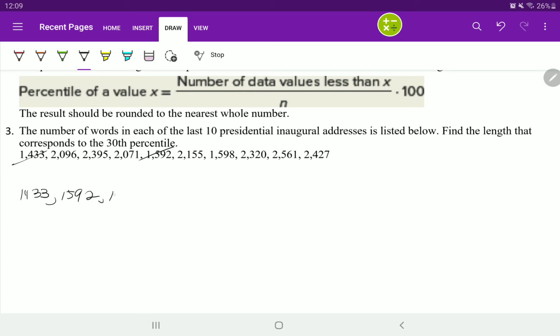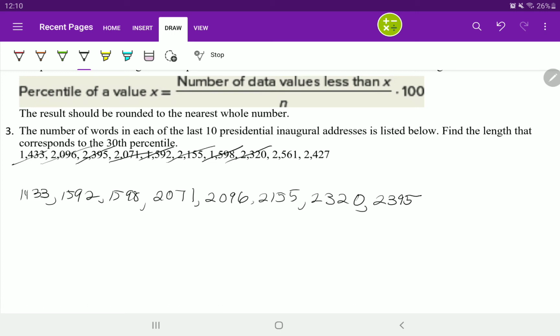Then I see 1598, then 2071, 2096, 2155, 2320, 2395, 2427, and 2561. Okay, the values are in order.